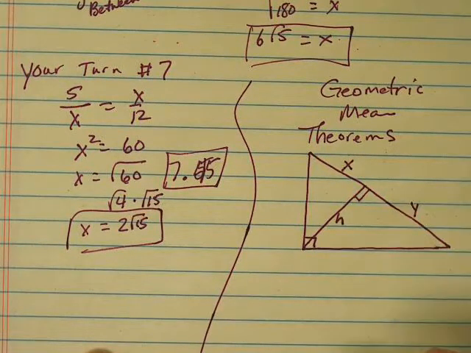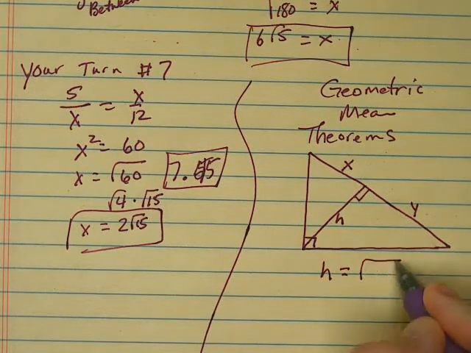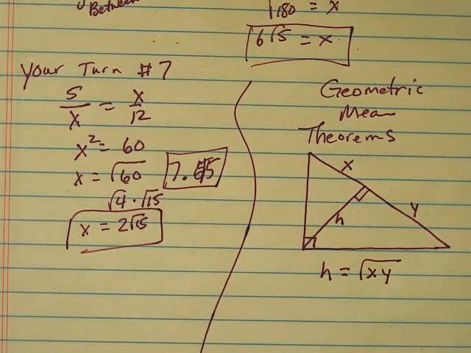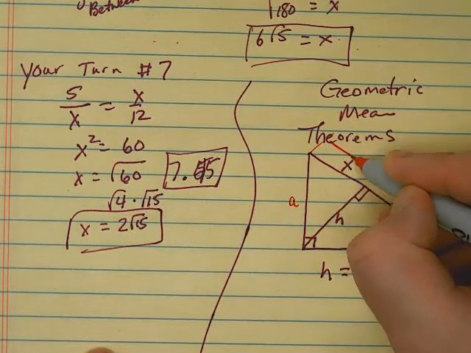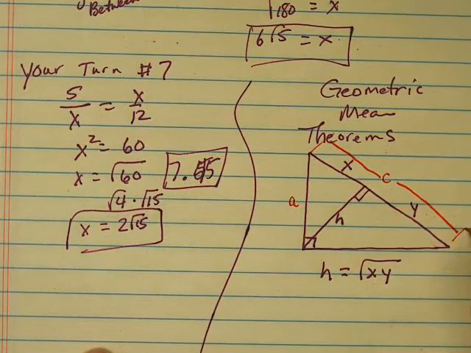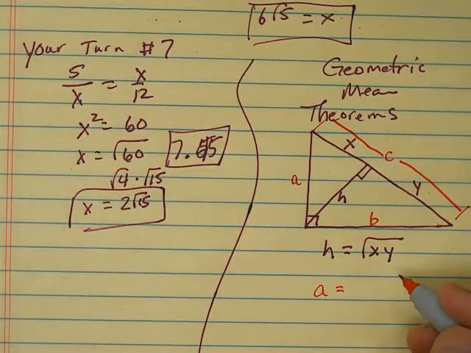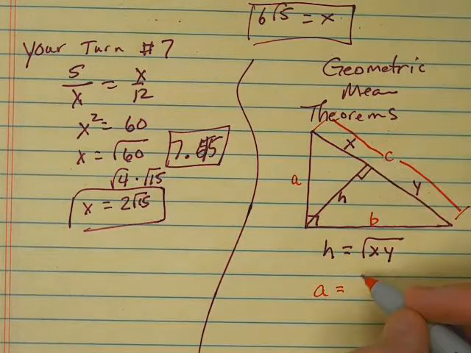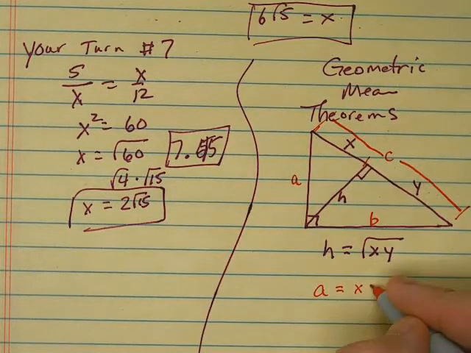H is the geometric mean between x and y, so H is equal to the square root of xy. Likewise, using the same picture, let's add a length here, A, and let's call this entire side C. We'll call this side B. A is the geometric mean between the portion of the hypotenuse closest to A and the entire hypotenuse.